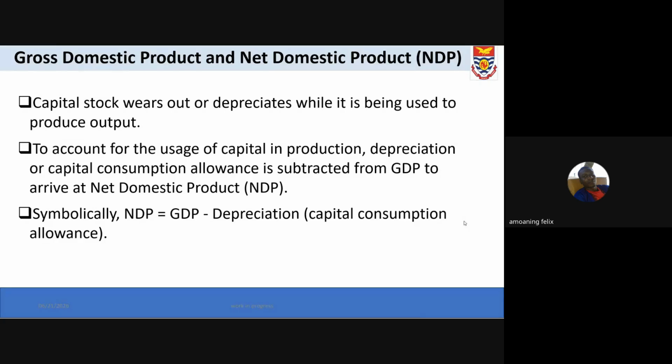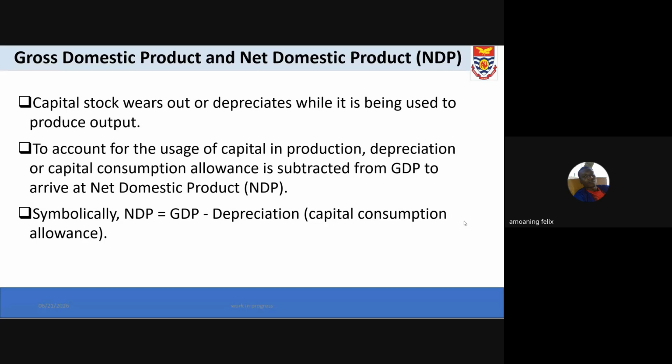So we account for the use of the capital being used in production. We account for it every year by trying to find out how that capital is depreciating. The capital has to devalue. We depreciate the capital. At times we call it the capital consumption allowance. The capital keeps depreciating.